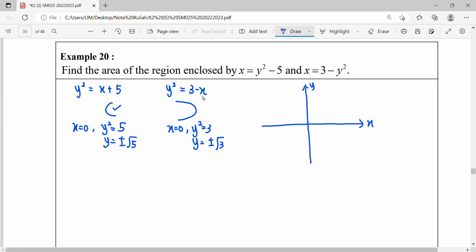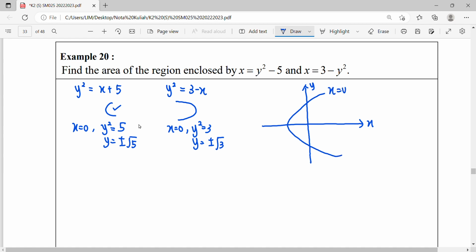Label our x-axis and y-axis. So for this parabola, open to the right, the intercepts are square root 5 and negative square root 5. So label our graph here.